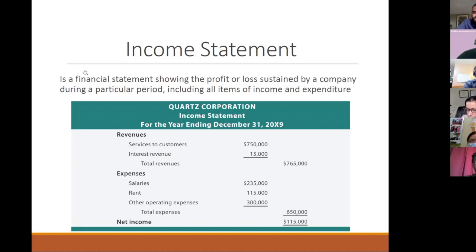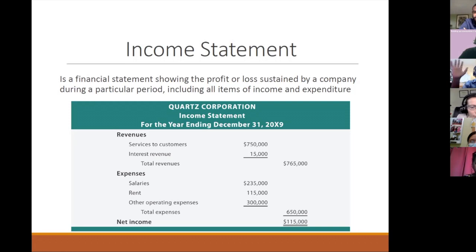The income statement shows your information for a period of time, meaning that it takes it over a year or 6 months. It doesn't carry forward. So your income statement is showing your revenues, which is like services, interest income, or whatever revenues you have, and expenses.